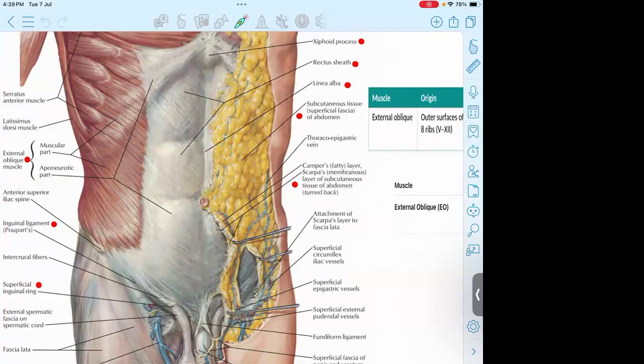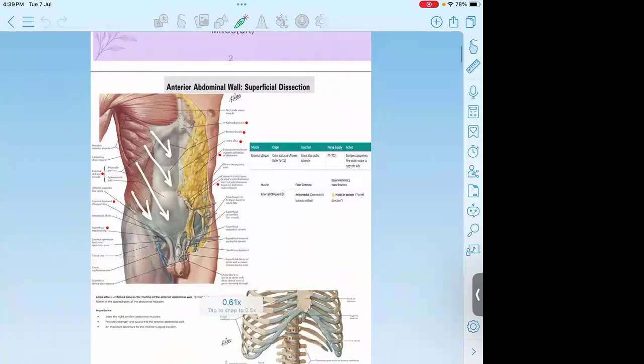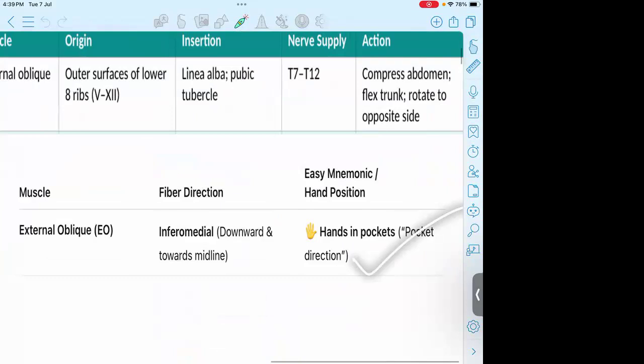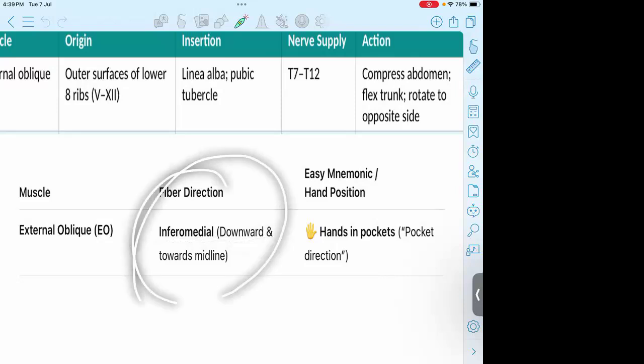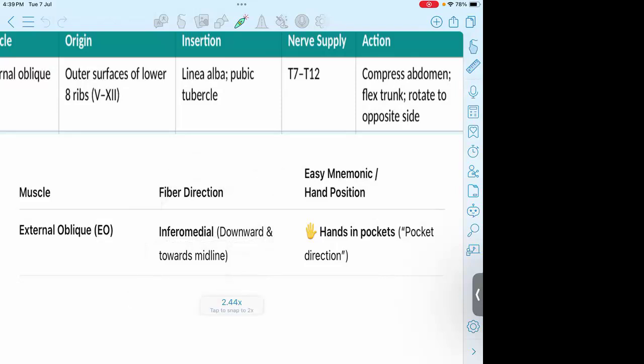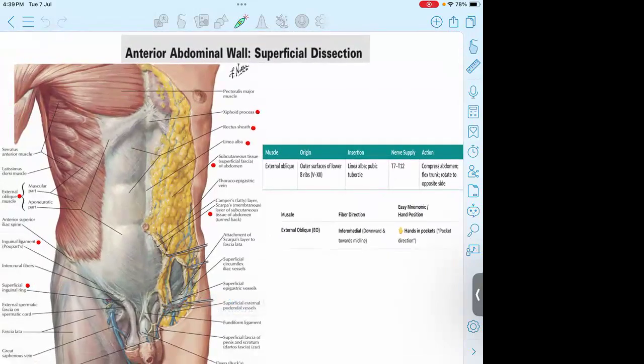If I use an analogy here, we can use it like hands in pocket, okay? It is like the hands in pocket direction. Theoretically it is inferomedial, or downward and towards the midline. It was asked in the exam previously, okay? So it is important. You can recognize the fibers by using the hands in pocket mnemonic.